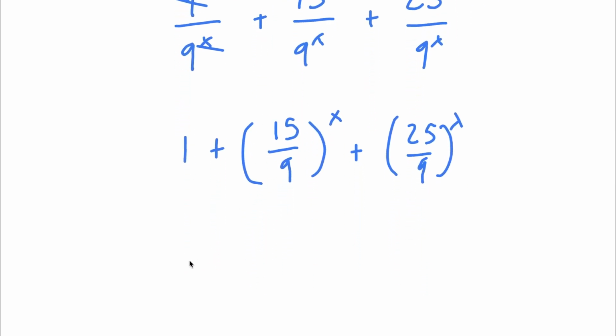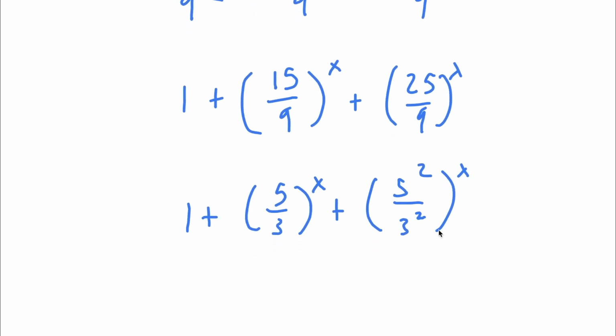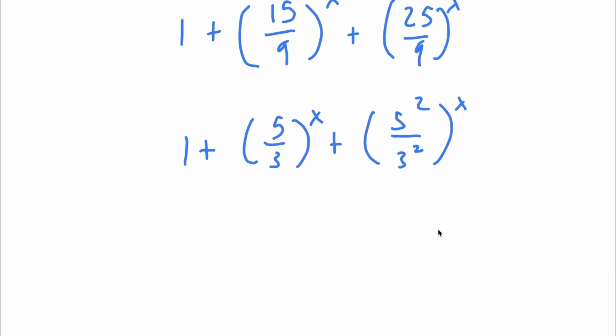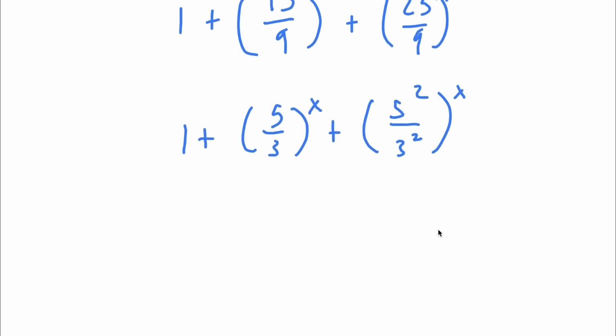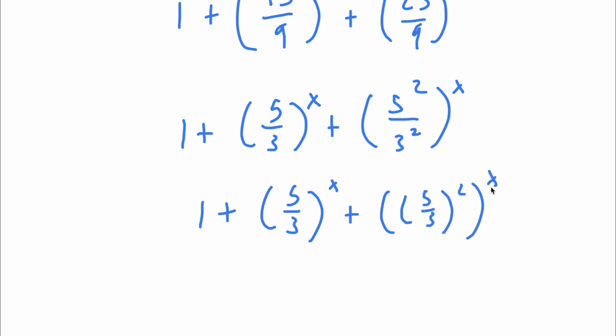Now 15 over 9, that's going to simplify to 5 over 3. And 25, that's the same thing as 5 squared, and 9, that's the same thing as 3 squared. Now, I can write 5 squared over 3 squared as 5 over 3 to the power of 2 to the power of x.